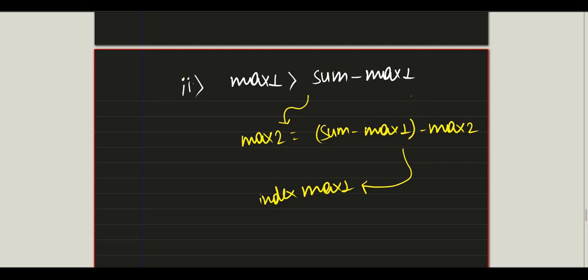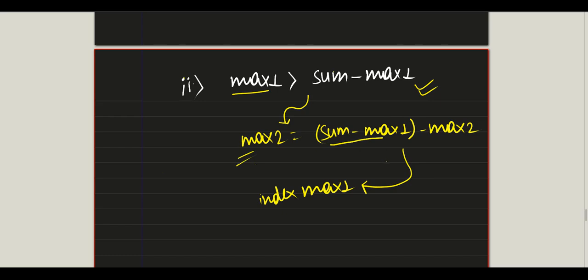Let's see the second case where max 1 is greater than the sum of the rest of the elements. Here you have just one choice, which is to delete this max 1 element and check for the max 2 element. So after deleting the max 1 element, the complete sum of the new array will be sum minus max 1. And now check for this max 2 element if this equation holds or not.